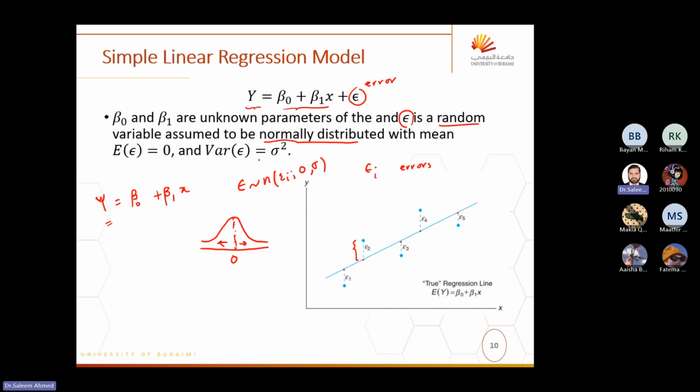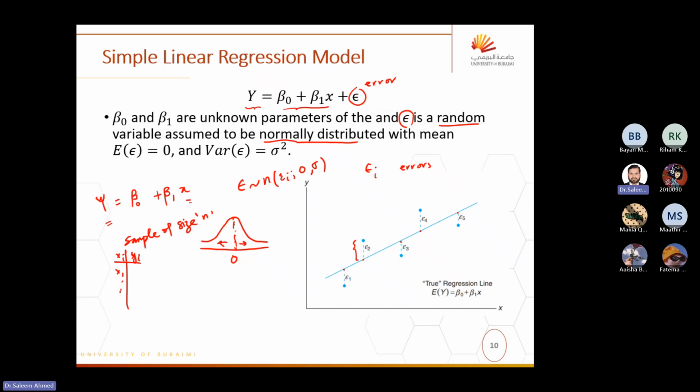So when we have a sample, because these are the population values, infinitely many values, we cannot write all of them. So we select a sample of size n: xi, yi, right?